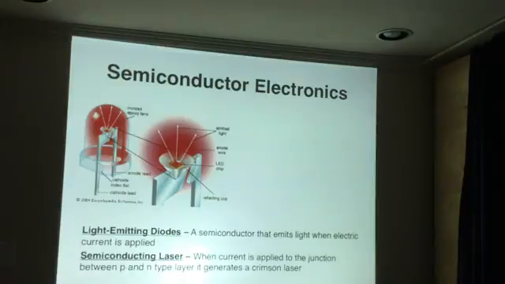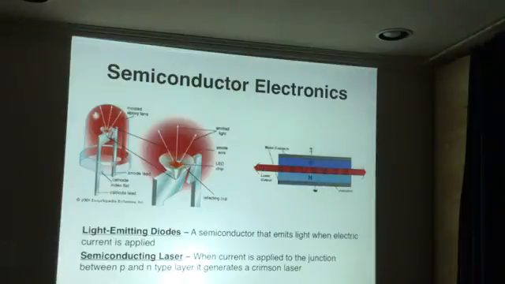Another way in which semiconductors are used is a semiconductor laser. Now, the semiconductor laser is somewhat like a light emitting diode, but a much more powerful process. So when current is applied across the N-P junction, in certain types of materials, there is the generation of a crimson laser beam.